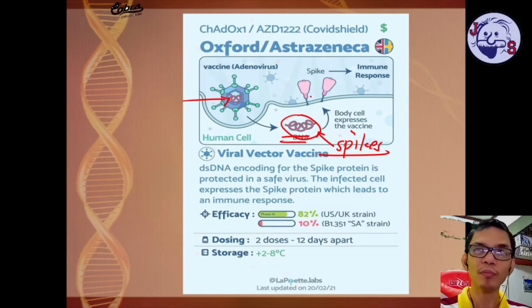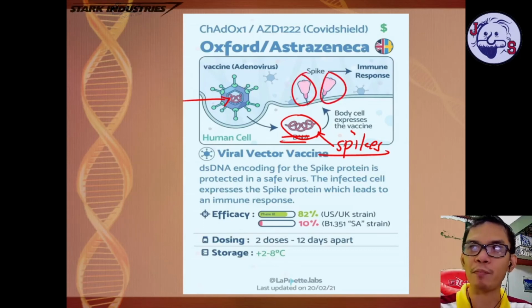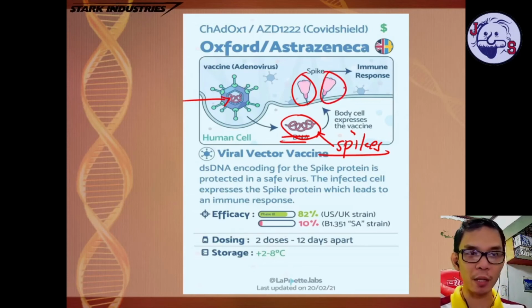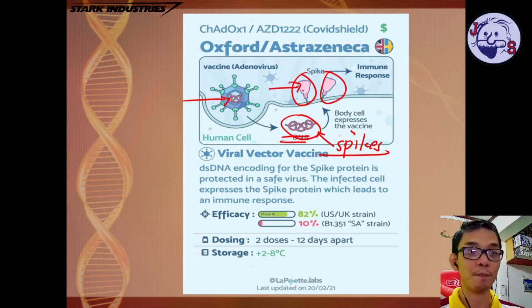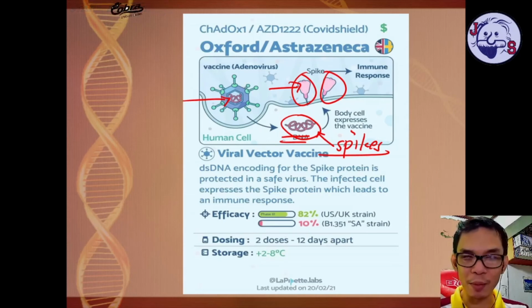Alright? So in short, your cells now have the ability to create these spike proteins. Now, once the spike proteins are in place, your body's immune system will be triggered to create antibodies for this spike protein.